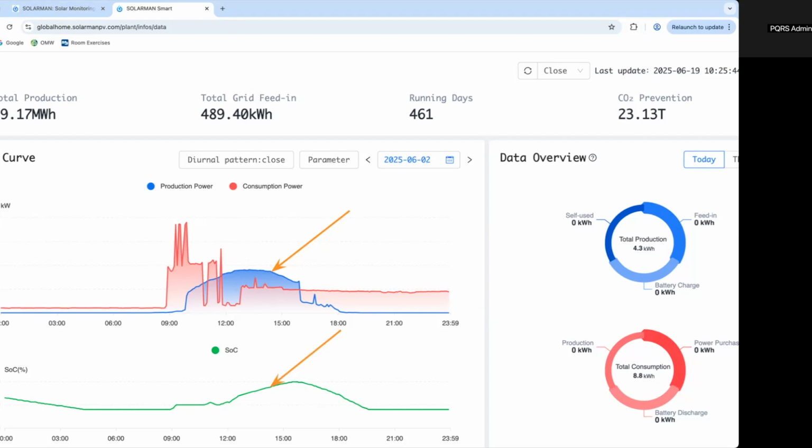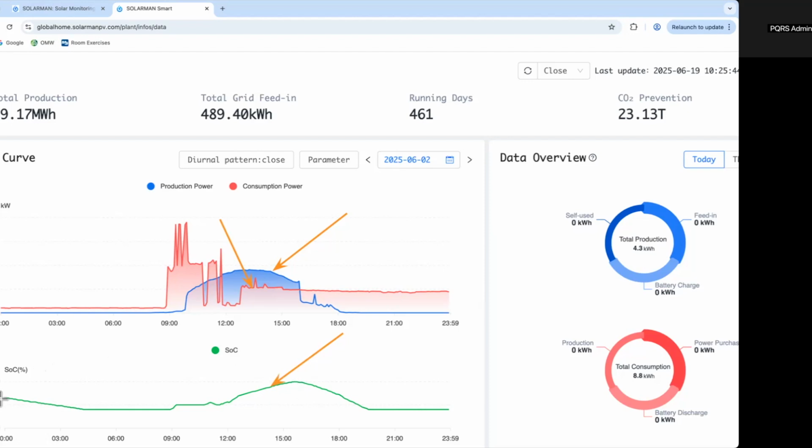When we look at the load, which is the red line, it doesn't seem as if the power being produced has any impact or effect on the consumption power. So what I'm reading from the graph is that all of the power that is currently being produced is being used to charge the batteries.